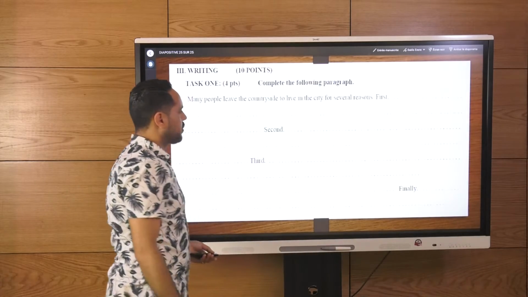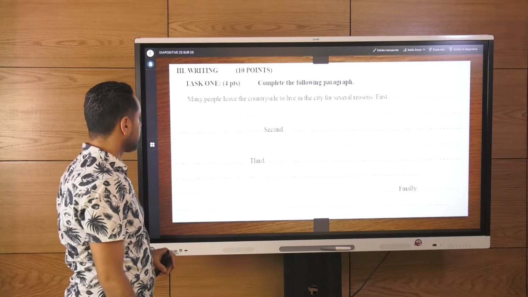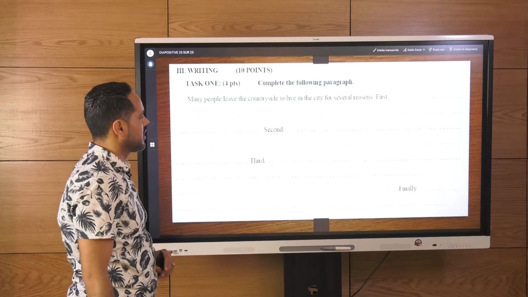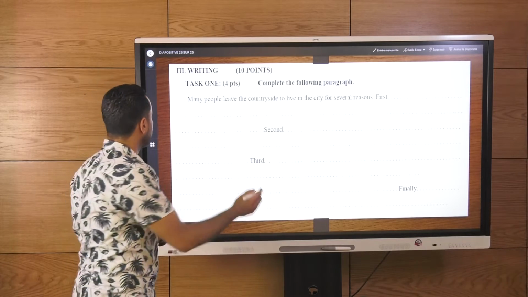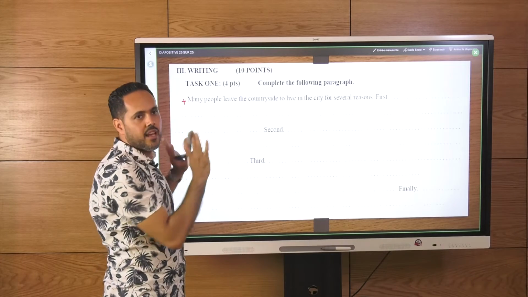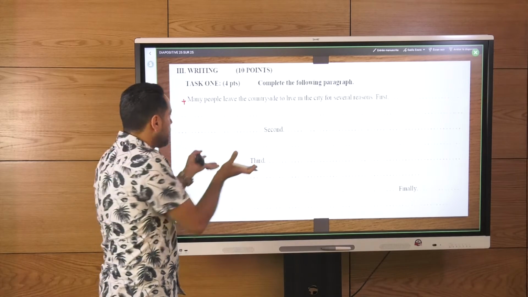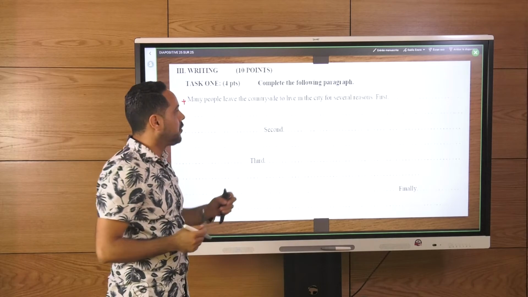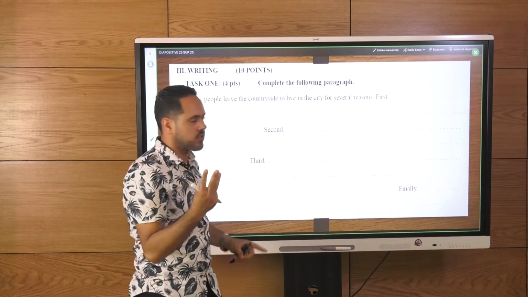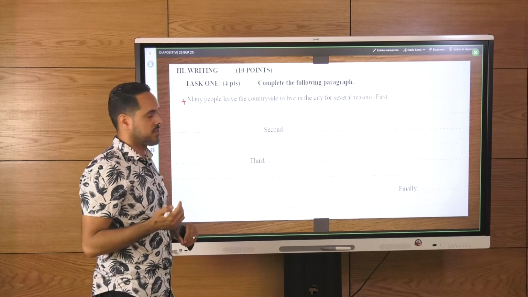Now, let's apply what we have seen on this example in here. Many people leave the countryside to live in the city for several reasons. As I told you before, we already have the topic sentence. It's there. Now, the other step is we should think about how to support this idea. And we need 1, 2, 3. We need 3 ideas to support our topic sentence.